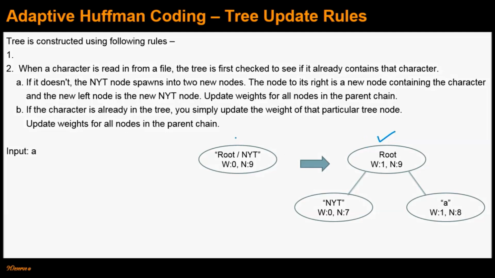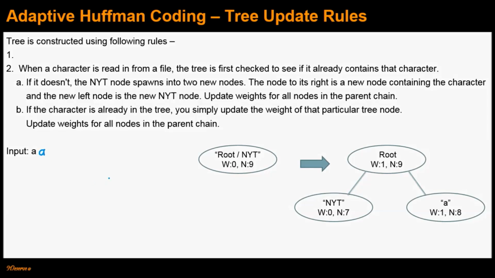So the initial state of the tree was this state. We read character A and the tree is modified to this particular state. The ordering of the nodes, which is denoted by N, increases from left to right and it increases from bottom to top, right?